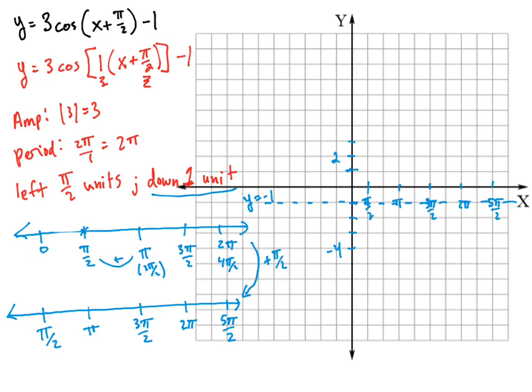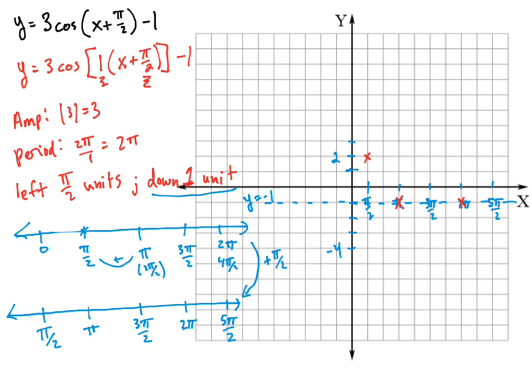Okay, so recall that a cosine graph hits the midline, remember, the midline is moved down too, so it's going to hit that midline at the quarter points, and then the max and mins are at the beginning, middle, and end. So the maximum value now is 2, and the minimum value is negative 4.